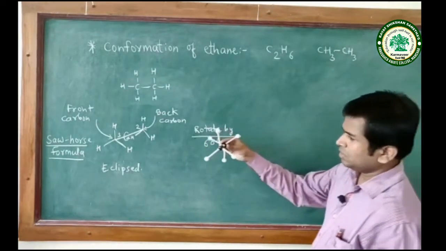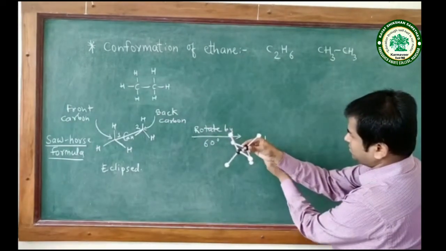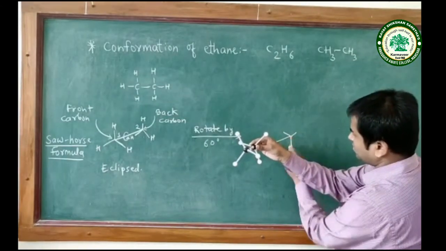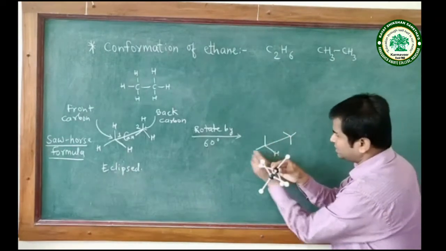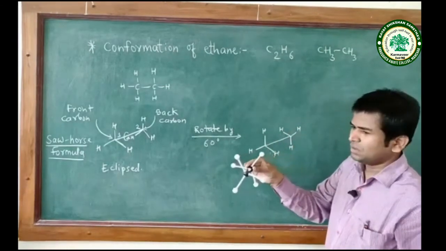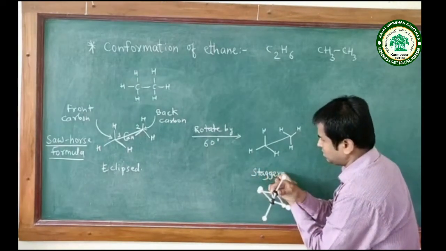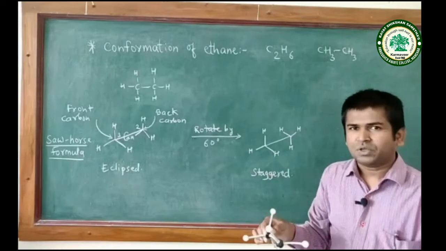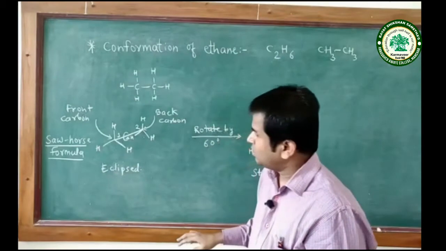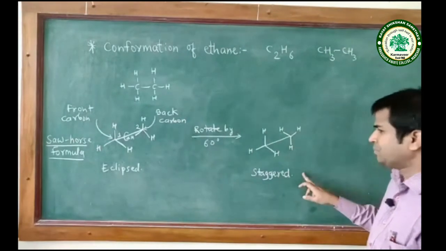Here you can see the structure obtained is this one. Getting this? Here we place the hydrogens. Now this structure is called the staggered conformation. And in the Sawhorse formula, we get two structures, eclipsed conformation and staggered conformation.